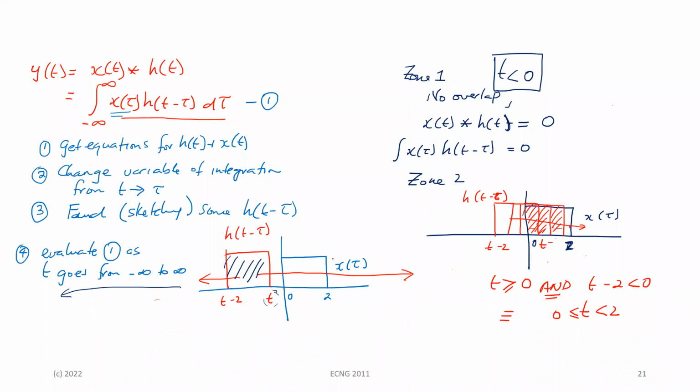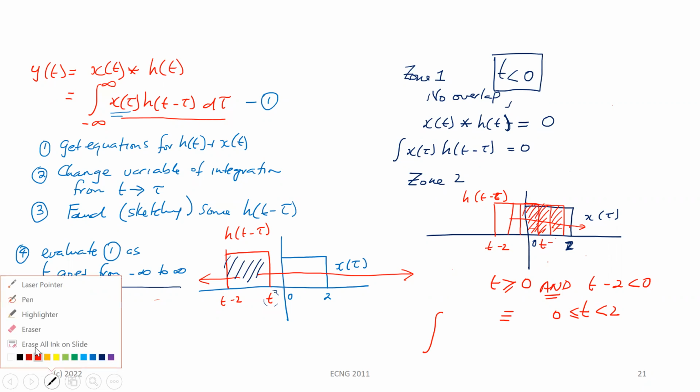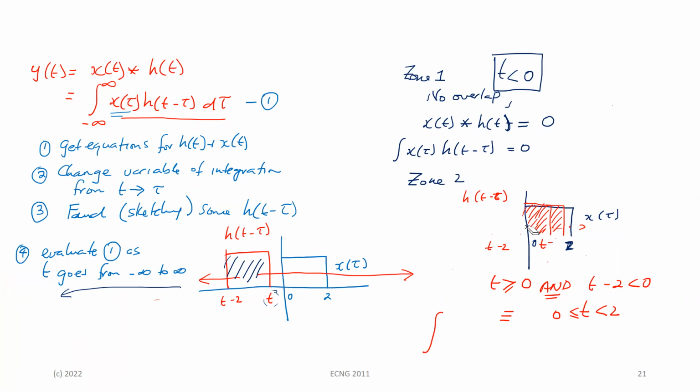And at that point, the convolution integral, the overlap zone now, is between, this is the point here. Remember, let me just clear this up. Just make sure that I don't have too much mess, so I'll just go over some of it a little bit.